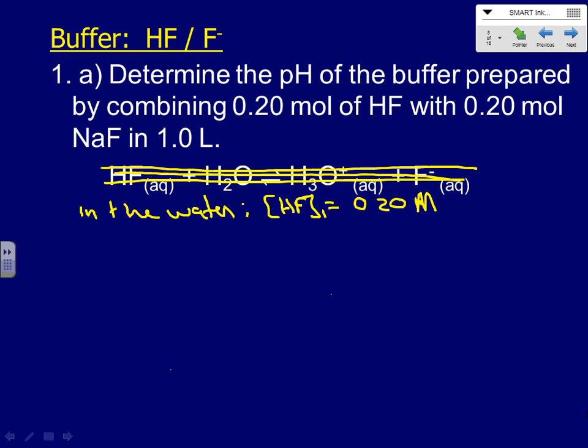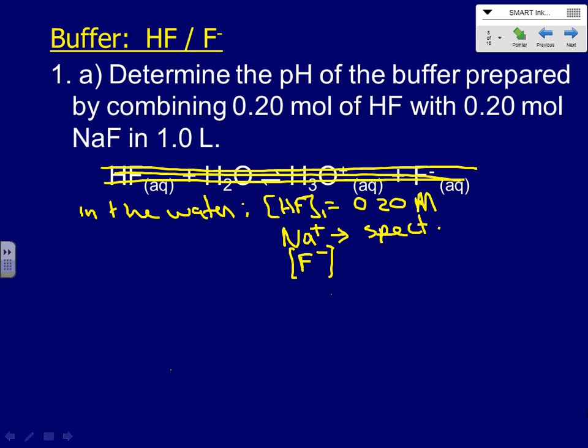What else is in the water here, Kristen? Sodium fluoride. That means I'm going to have some Na+. And what do I think about Na+? It's a spectator. And what else is in there? F-. F- definitely not a spectator.